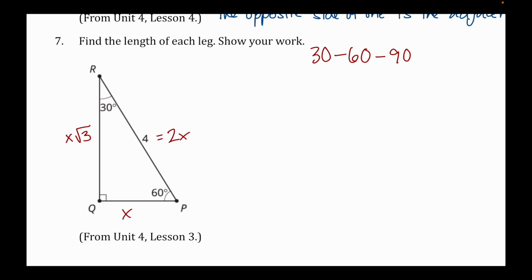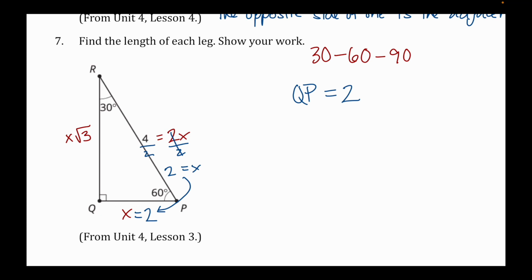So if we're finding the length of each leg, I like to do the math right on here. Basically, to find x, we would divide both of these sides by 2, and 4 divided by 2 is 2. This is x, so that means here x is equal to 2. So I can say QP is 2.